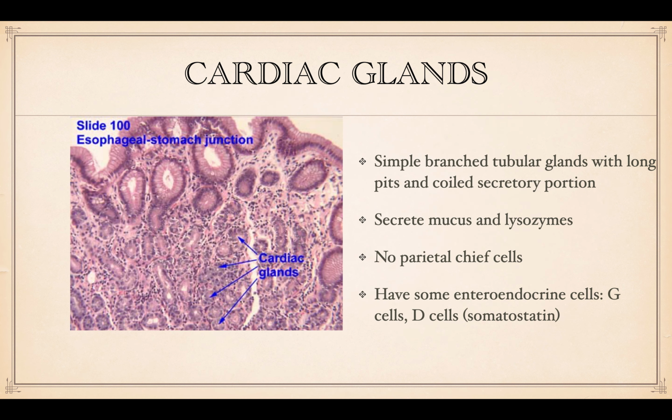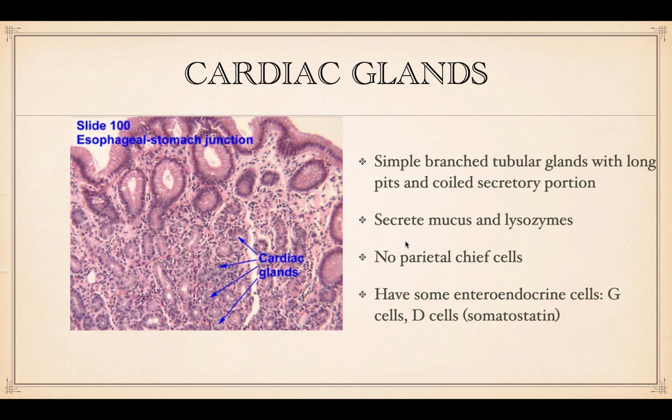So the cardiac glands is not in the heart; it's in the stomach, and it's at the esophageal gastro junction. And they are simple branched tubular glands with long pits and a coiled secretory portion. So they're kind of curled.